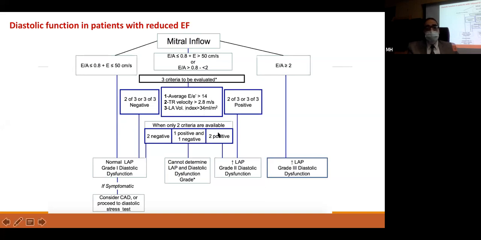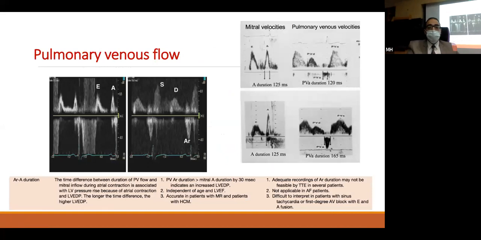If the patient has 2 of 3, this patient definitely has a grade 2 diastolic dysfunction and the left atrial pressure is high. If it's only 1 positive, it's indeterminate and you cannot prove that the patient has diastolic dysfunction.